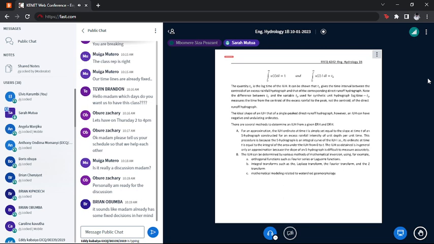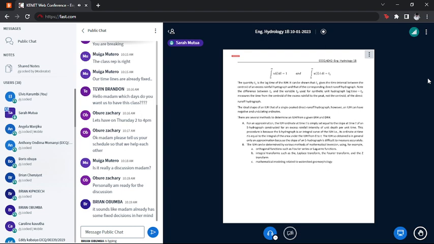Yes, that is what I want us to do. Now when you send the class rep, how will I know that it is a whatever? For example, it is the decision of John Kimanzi. How will I know it is the decision of Kipkoech? And then Brian says here, I have made up my mind.